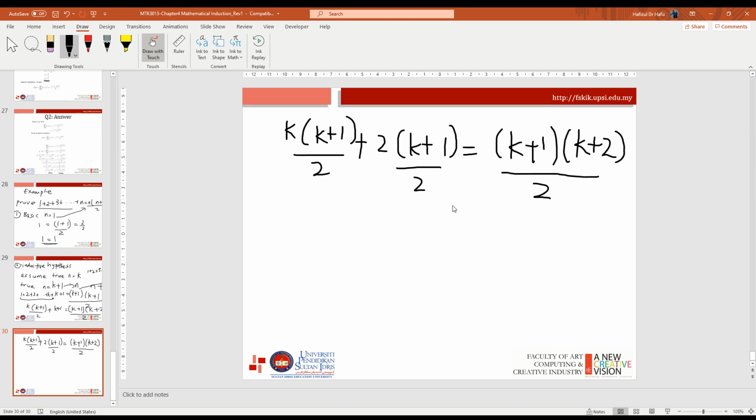Okay, so we don't really need to look at the denominator, since they are the same. So now if we can just show the numerators are the same, then we basically completed the proof. So we just rewrite this one back.